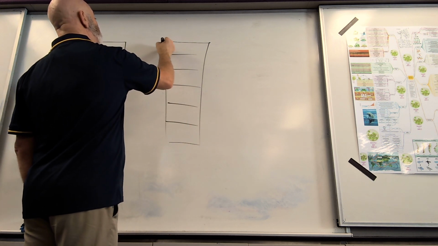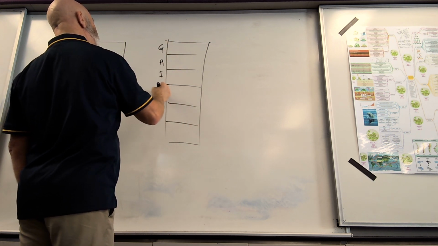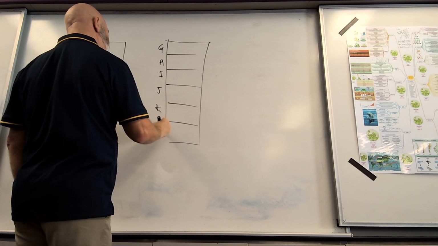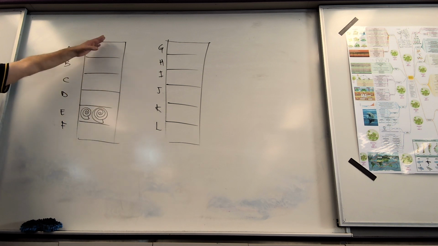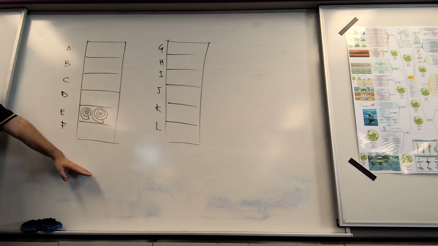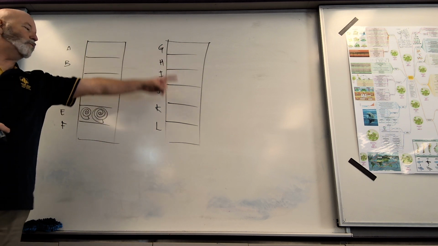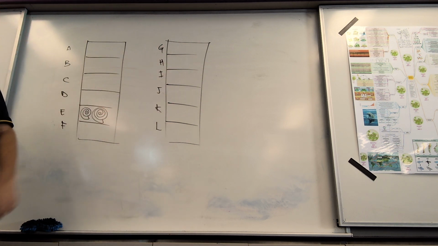E, F, G, H, I, J, K, and L. So in a different part of the world, we've taken another sample of rock strata, which is just layers of rock. Alexis, which one are we going to find the same fossil?